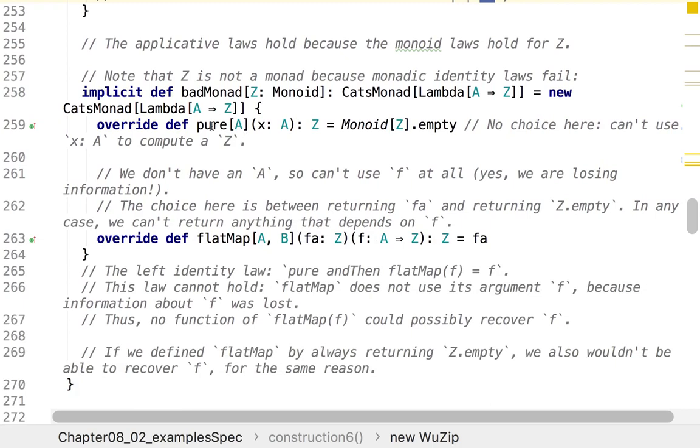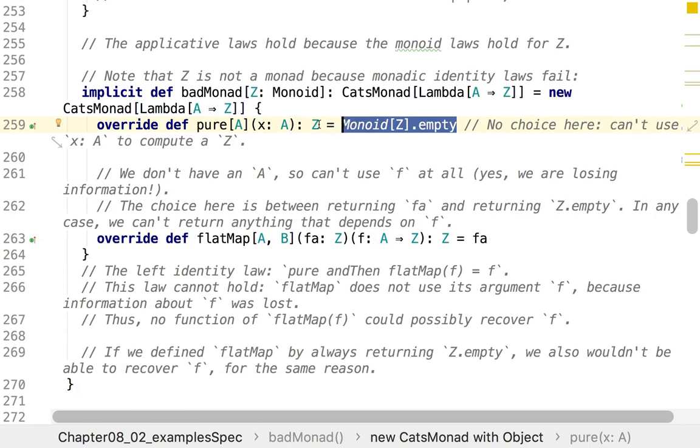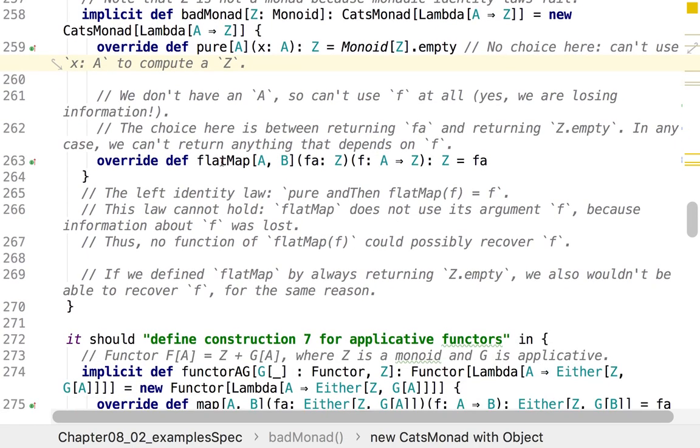So we could define the pure function by again returning monoid empty. There's nothing else we can return because we can't use a value of type A to compute a monoid value of type Z. So we could implement pure like this. We could implement flat map by again returning this FA unmodified.